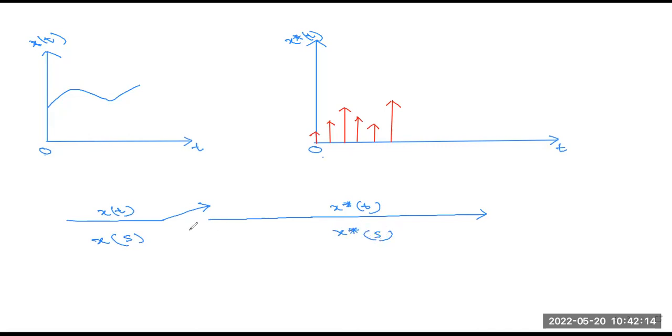And this is the particular switch with delta T. So this is basically the figure of the impulse sampler.